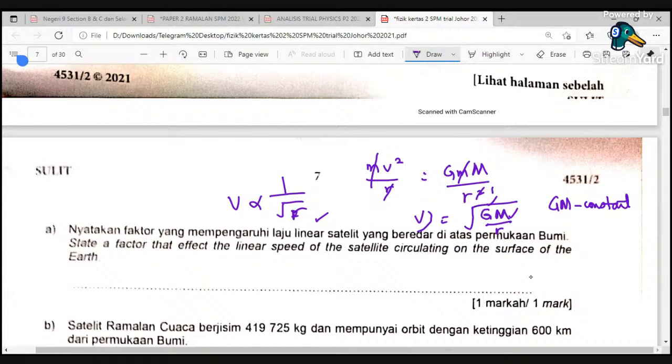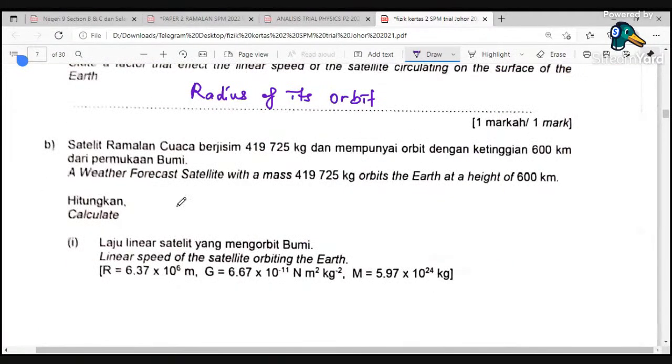Semakin jauh semakin perlahan lah. Okay, semakin dekat semakin laju. B, a weather forecast satellite with a mass of 4192725 kilogram orbits the Earth at height 600 kilometer. Calculate linear speed of satellite orbiting the Earth.